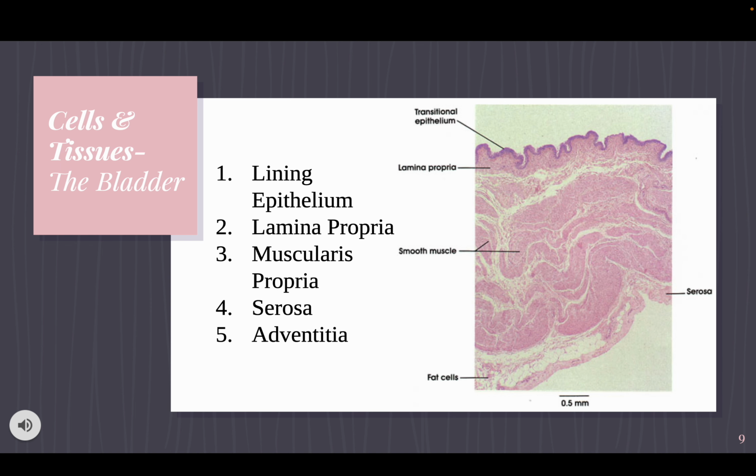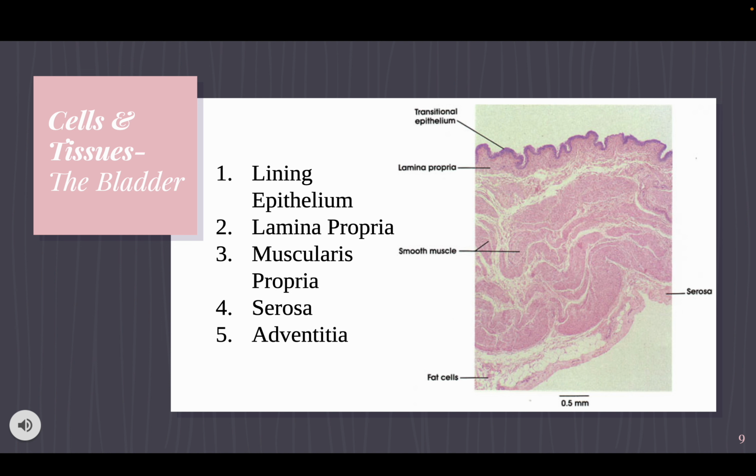Cells and tissues. The microscopic structure of the urinary bladder wall is organized into the following layers from inside out. Lining epithelium. The urinary bladder lining is a specialized stratified epithelium called the urothelium. Lamina propria.